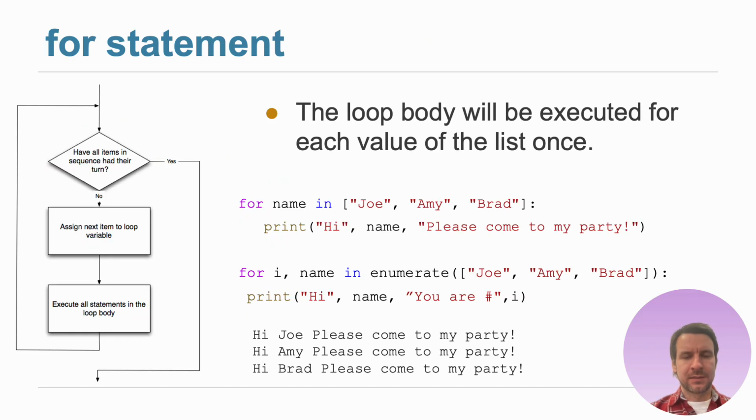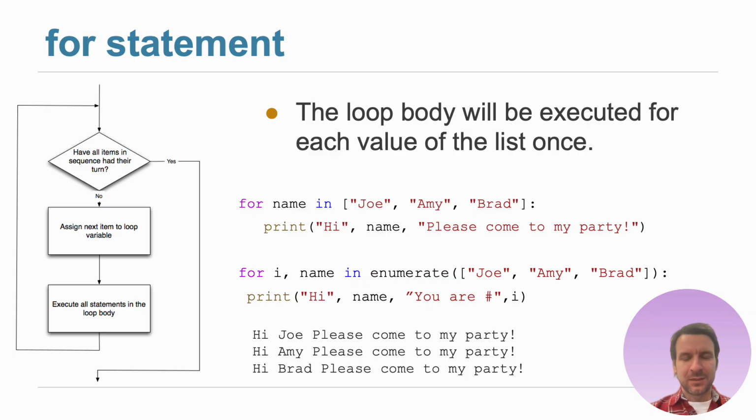A for loop is a loop that has one variable that you call name, and then you put in a list of possible values for name, and then the variable name will go through all the entries in the list. So the name will be first Joe, then it will be Amy, and then it will be Brett, and it will execute the code that is under the for loop.